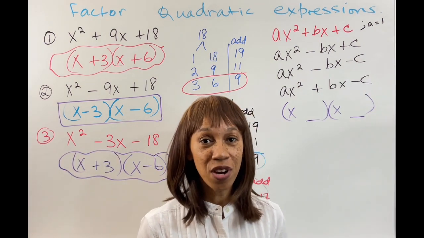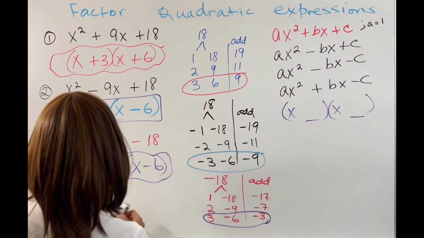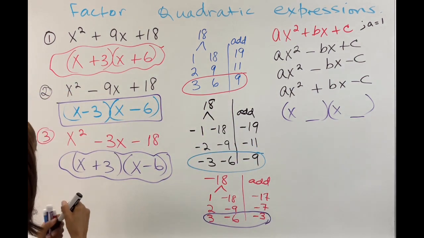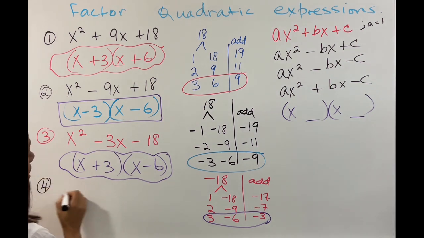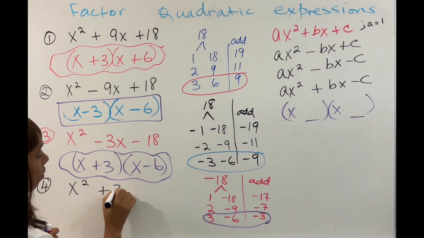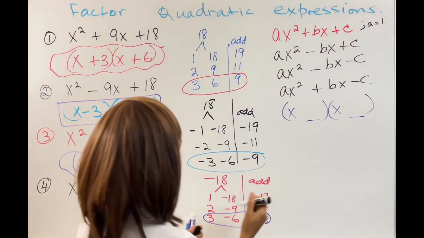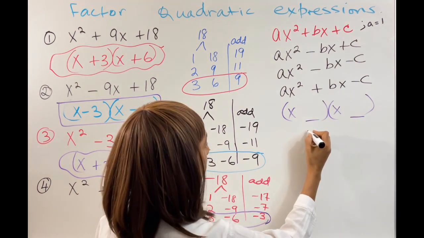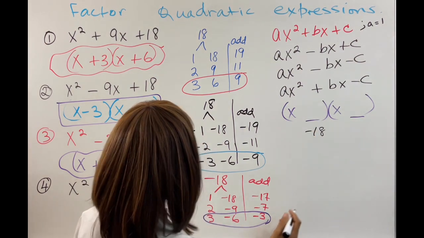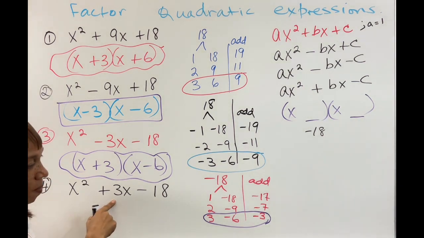Now I'm going to move on to the fourth scenario, all right, which is this one. And I'm going to use x squared plus 3x minus 18. Once again, I'm going to find the factors of -18 over here such that when added is going to give me a positive number.